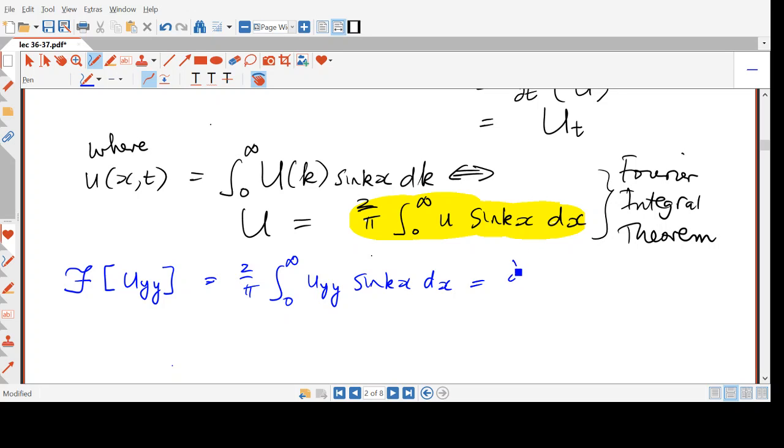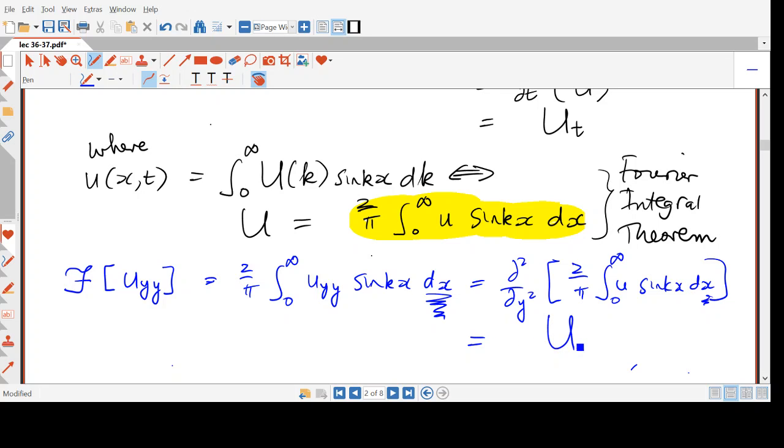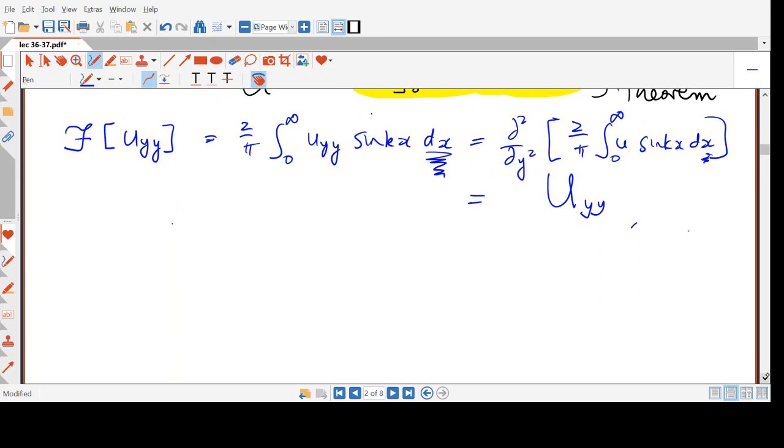Effectively, it becomes d squared dy squared of 2 over pi integral of u sine kx dx, because we are dealing with dx here, and u has y in it, so the derivative can be pulled out of the integral. In other words, this is precisely capital U yy.